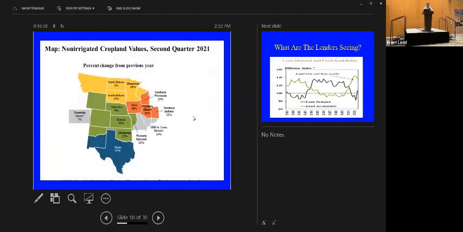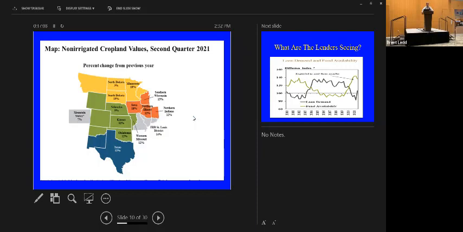Again, kind of breaking down that increase in land values a little bit. Several years ago, when agricultural land values were increasing generally across the U.S. ag sector, we saw much more dramatic increases in the Corn Belt states and in Nebraska and Minnesota and in other areas of the United States than we saw in Oklahoma.